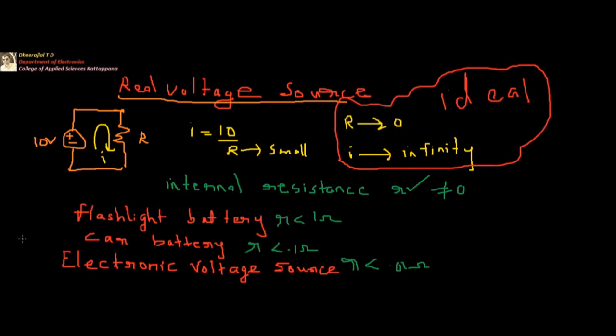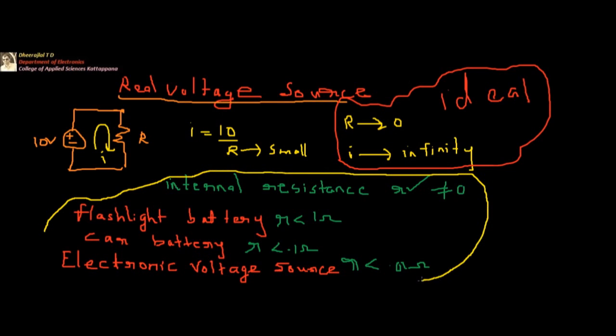But in the practical situation, the internal resistance is not equal to 0, and therefore we cannot have infinite current. So what is the case when you have some internal resistance? The load current has to flow through the internal resistance of the voltage source.